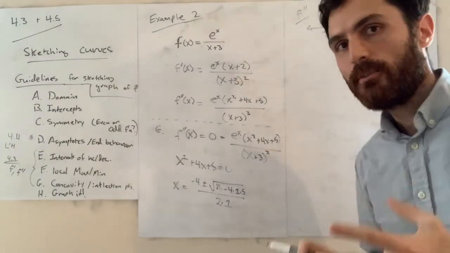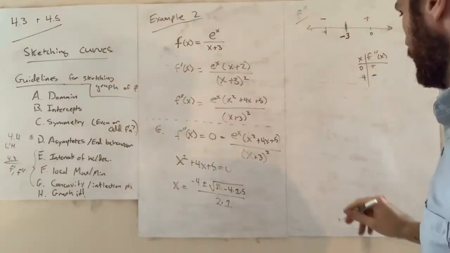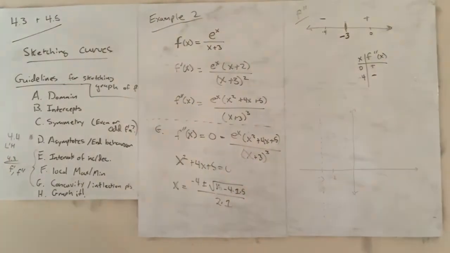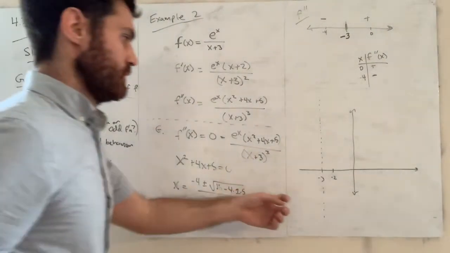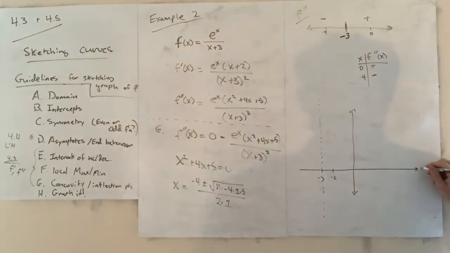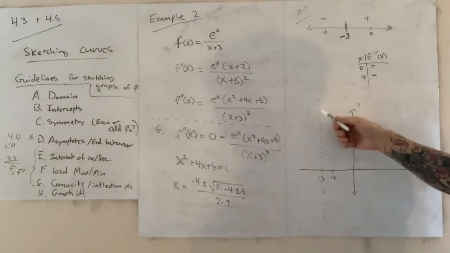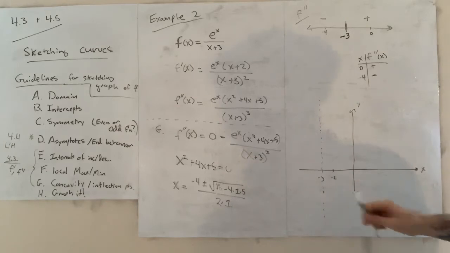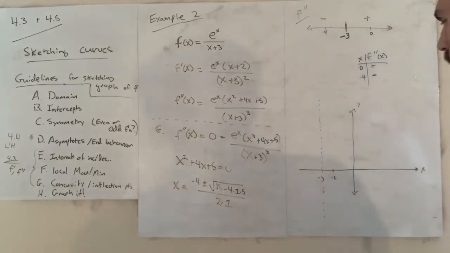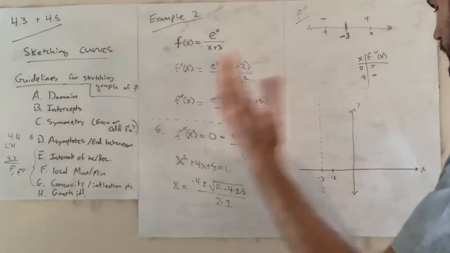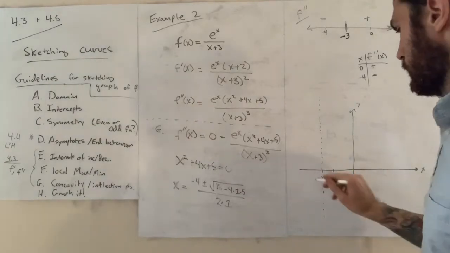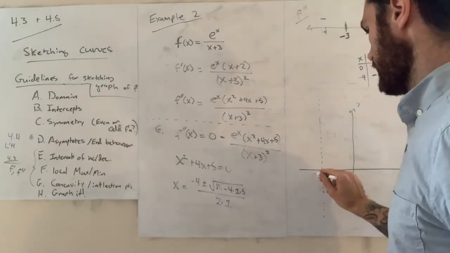All right, we're finally ready to pull it all together. So I've given myself a Cartesian coordinate system, and I'm ready to graph. I know there was an asymptote at negative 3, and I know on the left of negative 3, it shoots down to negative infinity.